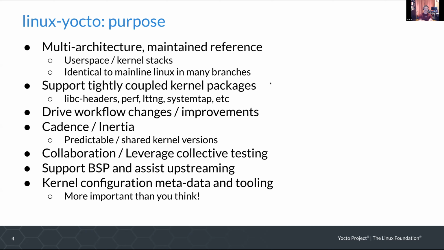Let's just say the acceptance criteria are not as rigorous as the mainline kernel. And it's what drives the kernel configuration, metadata, and tooling, which can be more important or useful than you may think. In fact, the merge_config.sh that you see in the mainline kernel came from what we do. I was in the meetings where we took how we were managing the fragments, and that's where that came from.